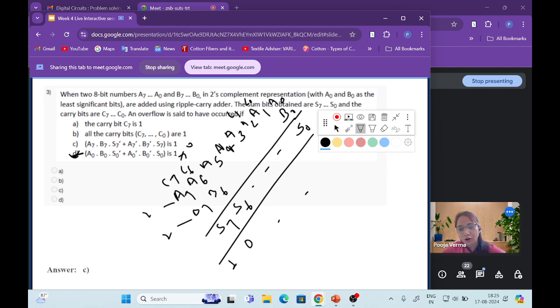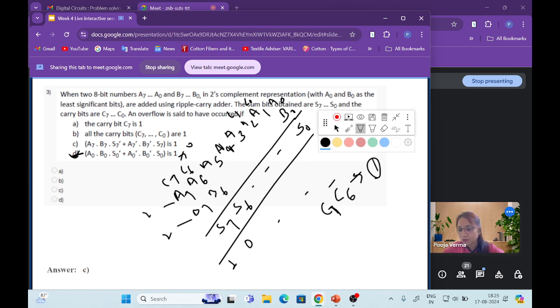What condition will we get? Here we are assuming that C6 will be 0 only. So C7 and C6 dash, this is one case. Let's call it equation number 1.